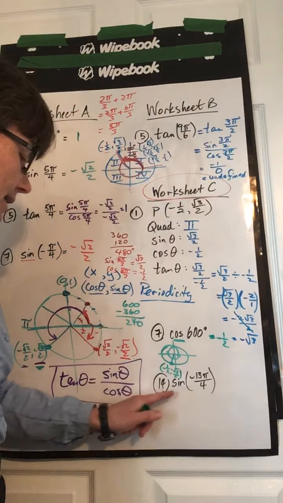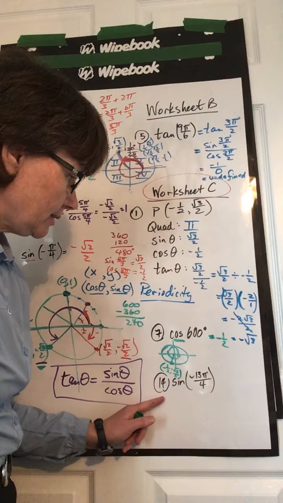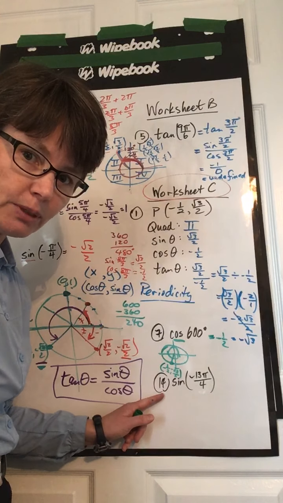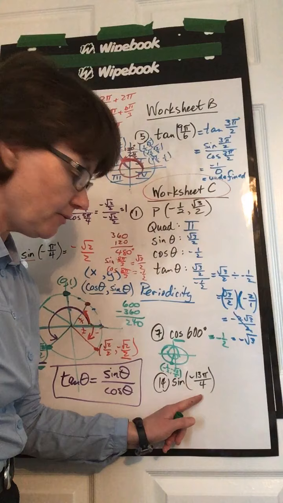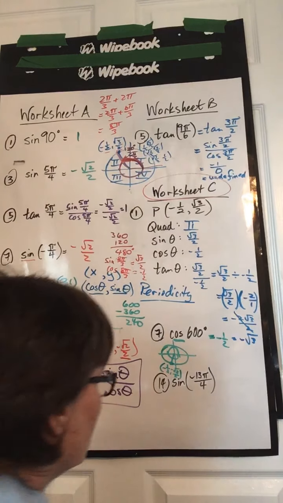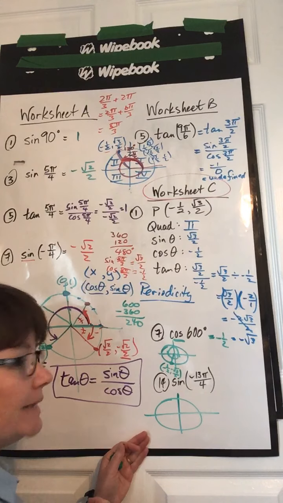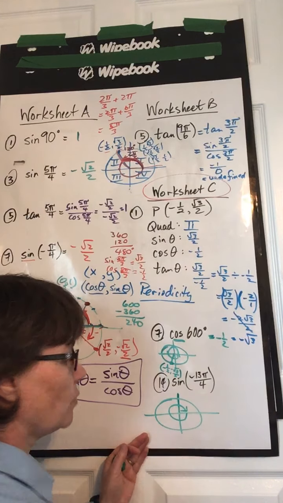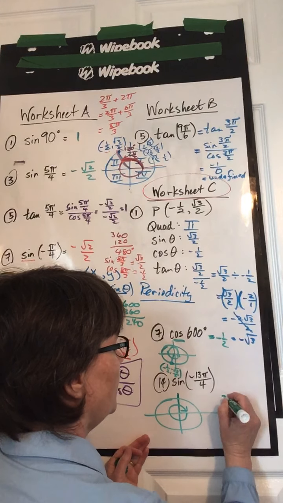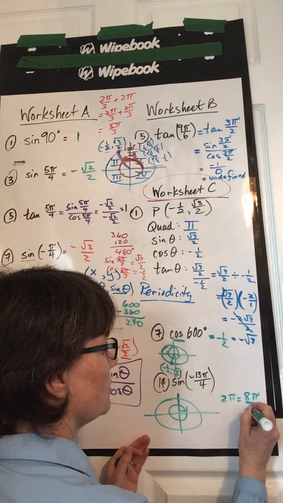Okay. The sine of negative 13 pi over 4. Again, worksheet C, looking at number 14, the sine of negative 13 pi over 4. So we need to think of our unit circle again. Negative angles, so we're going in this direction. All the way around would be 2 pi, and 2 pi is equal to 8 pi over 4.